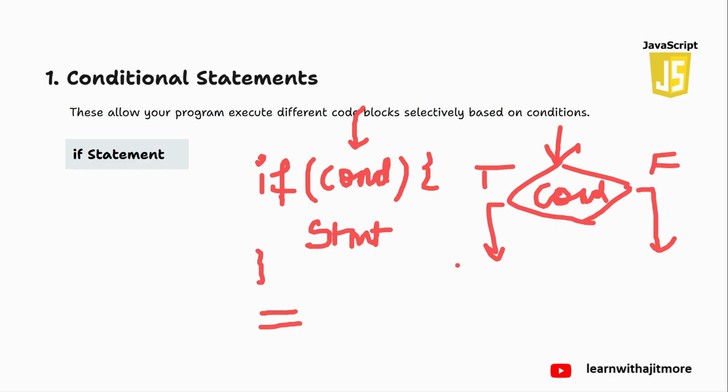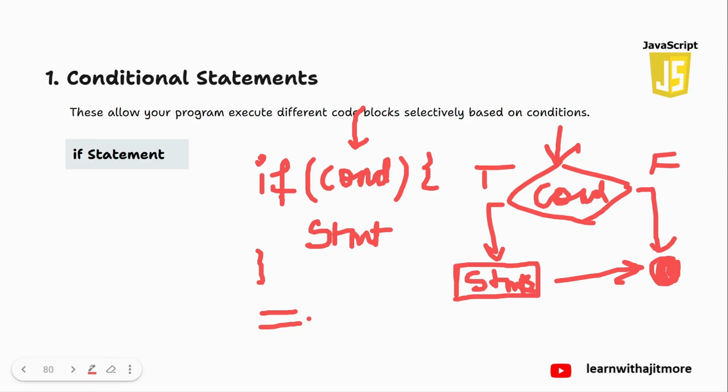Now, if it is true, it will perform those statements, and after performing the statement, it will continue with the remaining code. And false, directly the remaining code. Getting, guys? Okay. So I hope you got it. Simple if condition: true, perform statement, continue with remaining. False, directly continue with the remaining.